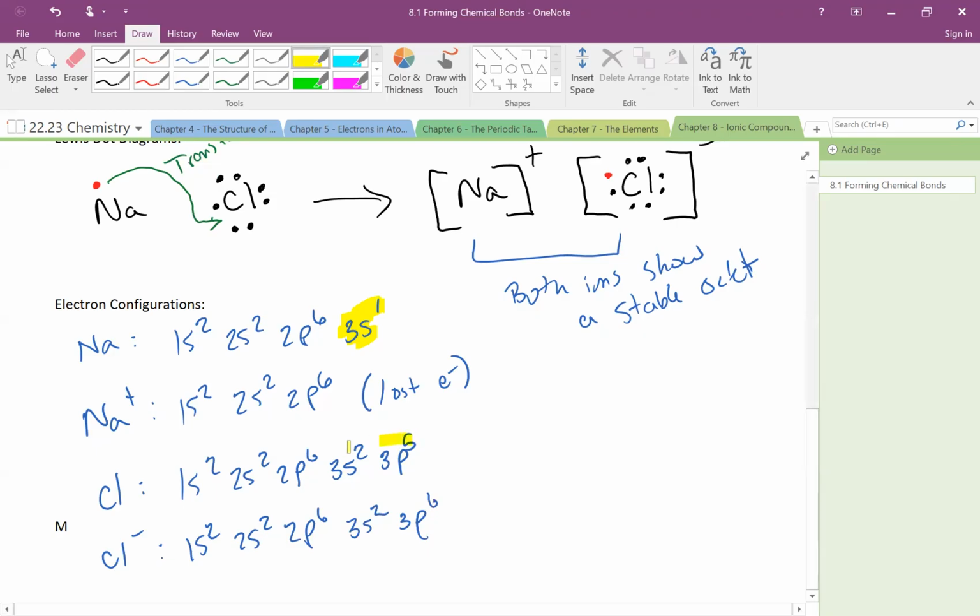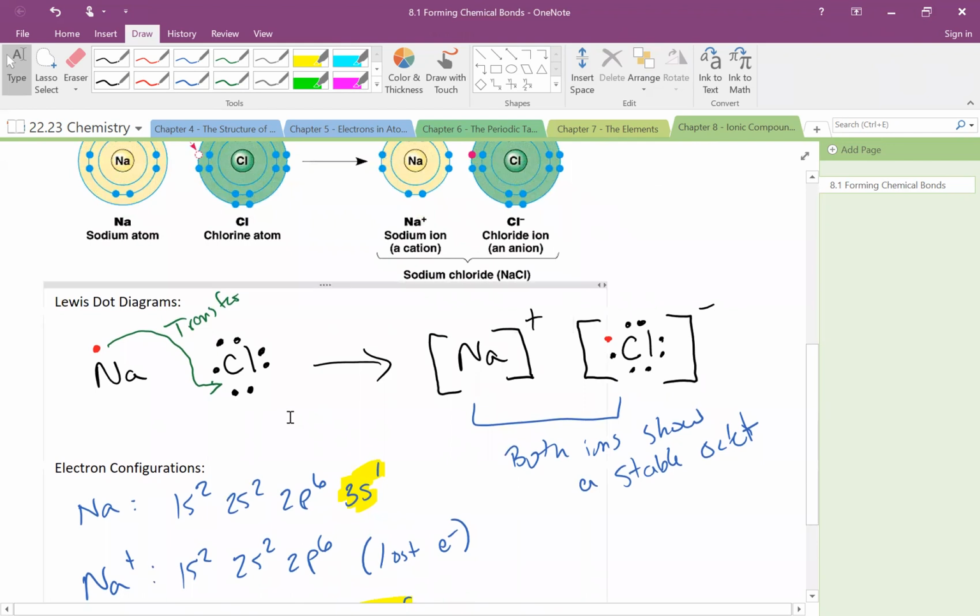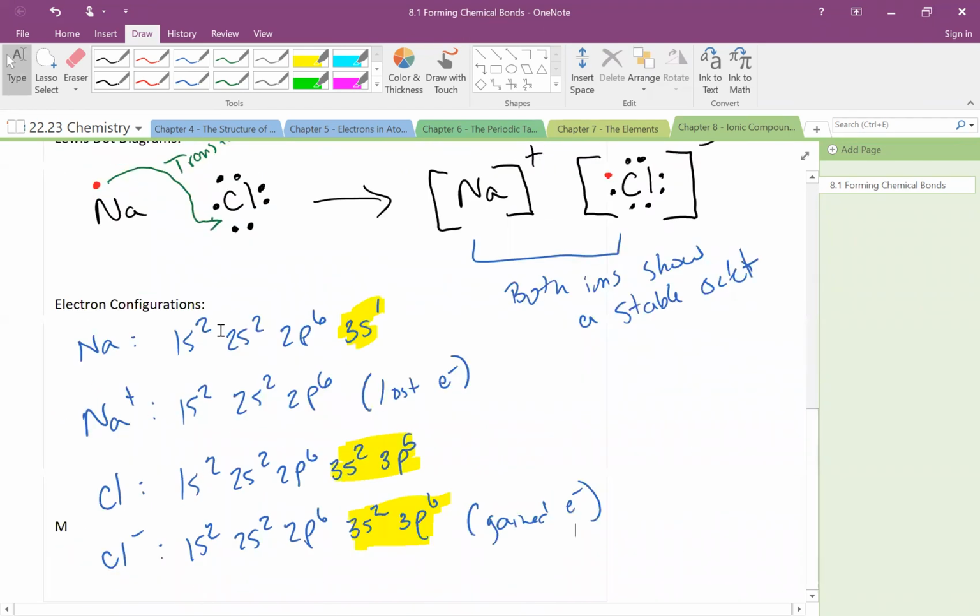And I am, of course, going to highlight our valence electrons, and you can see we go from 7 to 8 total valence electrons. We gained an electron. So we can represent the increased stability of sodium chloride using our Lewis dot diagrams, our Bohr models, our electron configurations, or even just logic.